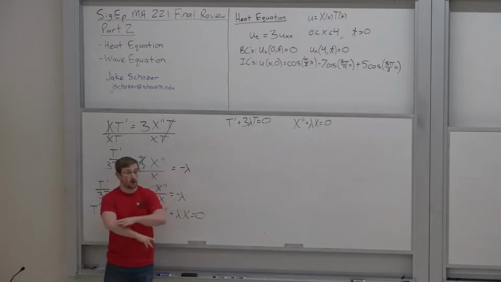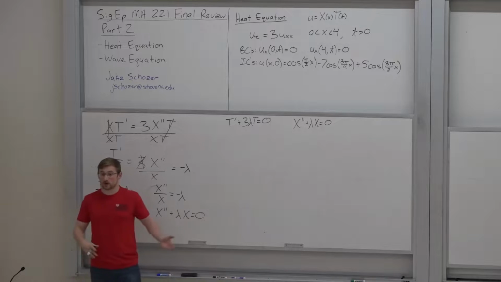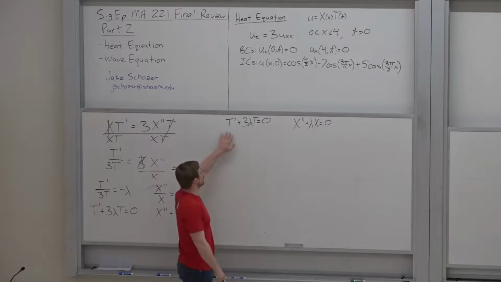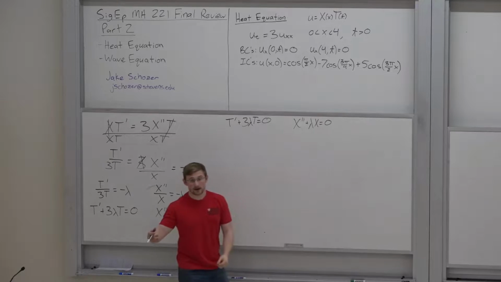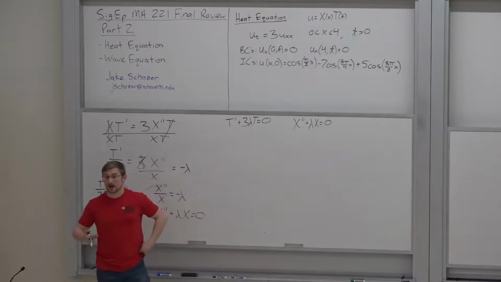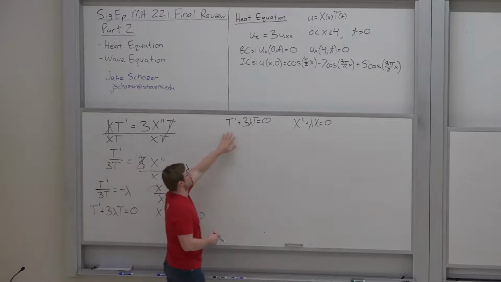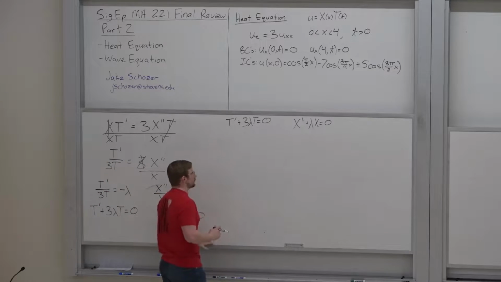Now we can use all the methods that we've learned throughout the year to solve these ordinary differential equations. We notice that these are all homogeneous, right? The right side is 0. So to solve homogeneous, I can do my auxiliary equation. Let's start with our easier one first.